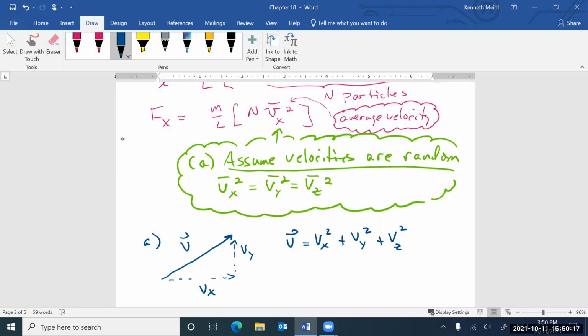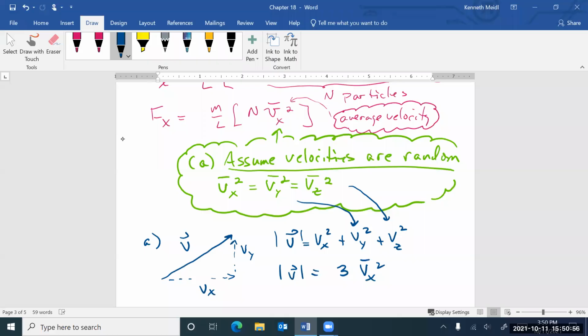But since I have random particles here, I'm going to treat these y and z components as being just about the same as the x component in terms of their size. And so the magnitudes of these components are all the same. And so the size of my average velocity vector here is probably about the same as 3 times the x component squared on average.